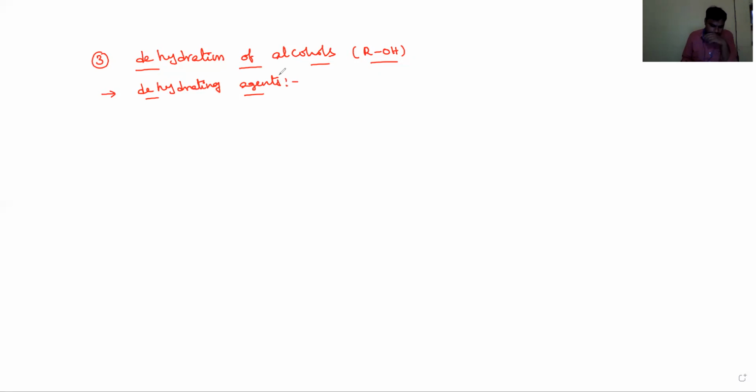The important dehydrating agents: concentrated H2SO4 at 170 degrees centigrade. The second one is anhydrous Al2O3, aluminum oxide, at 350 degrees centigrade. Another one is P2O5, anhydrous phosphorus pentoxide.